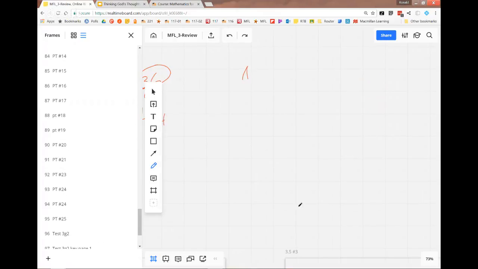So if A, then B. What's the negation of that? What's the only time an if then is false? When the first one is true and the second one is false. So you could say that, and this is the negation of that.